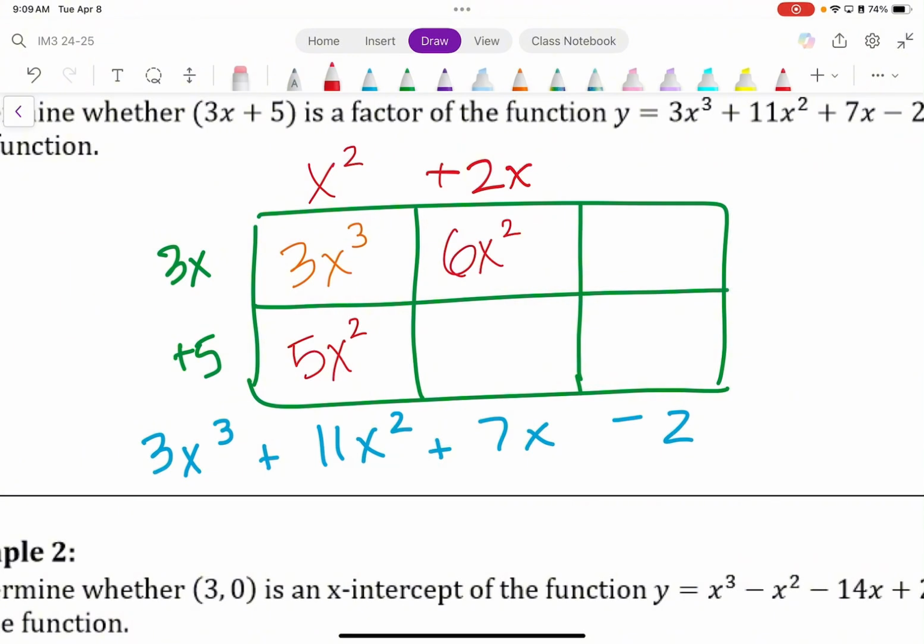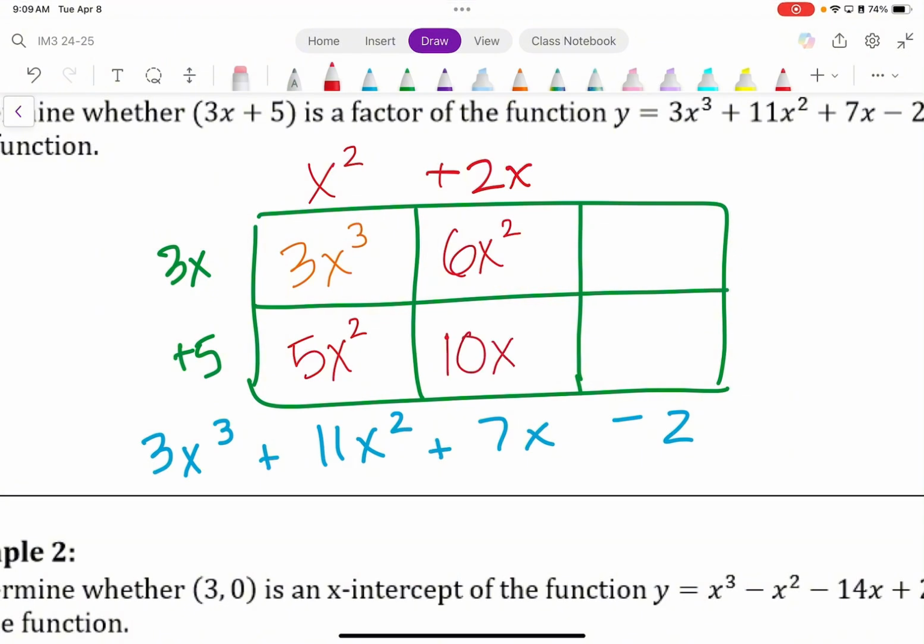So what goes underneath 6x squared? Not quite. It's the product of 5 and 2x. Let me hear from Michaela. What's 5 times 2x? What is it? 10. 10x.